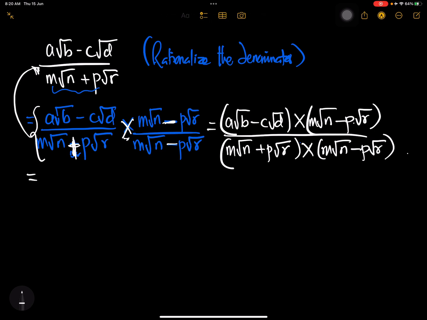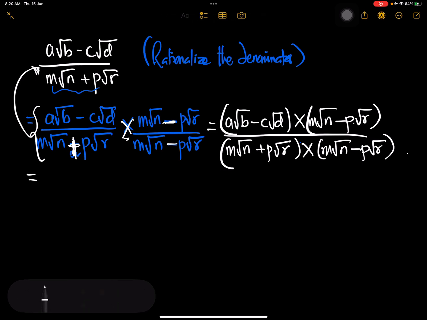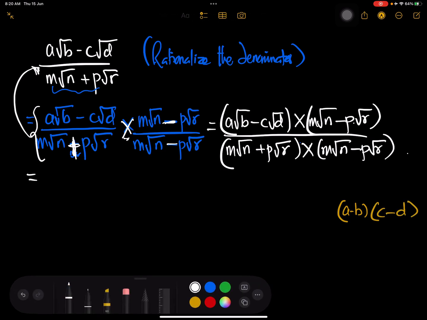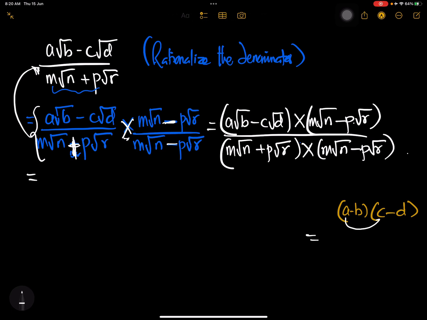Now, I'm drawing your mind to something. Do you remember when you have a minus b multiplying c minus d? What we do usually is to multiply this a by c, so you get ac. And then you multiply the same a by negative d. It gives us minus ad.